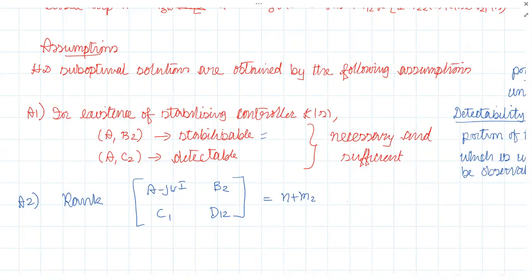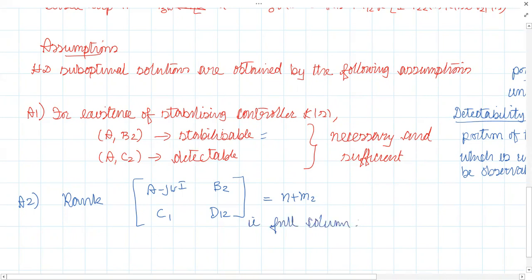Usually rank is found by cancelling out the rows. When we do it by column basis, the rank of this thing must be N plus M2. That is full column rank. So the columns should be linearly independent, for every frequency omega. There should be linearly independent.